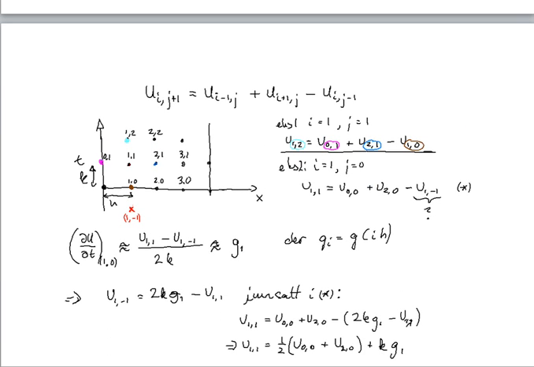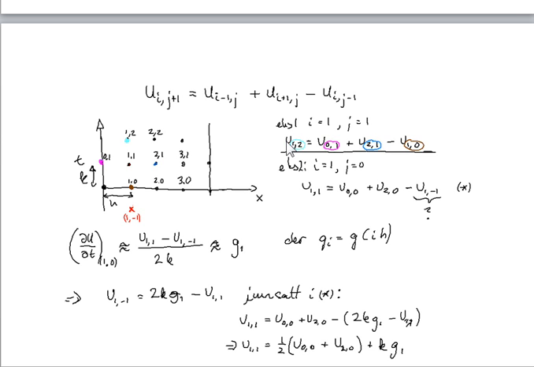In this case, we obtain the following discretization equation. So, for example, if we put i equal to 1 and j equal to 1, just replace i and j by 1 and 1 respectively into this equation, we obtain this equation.